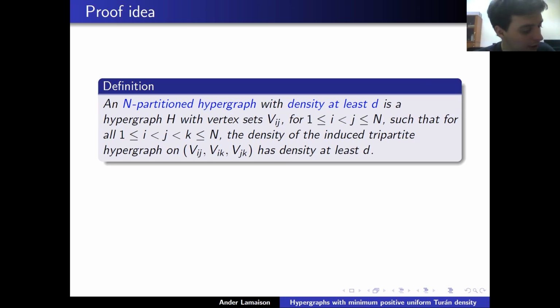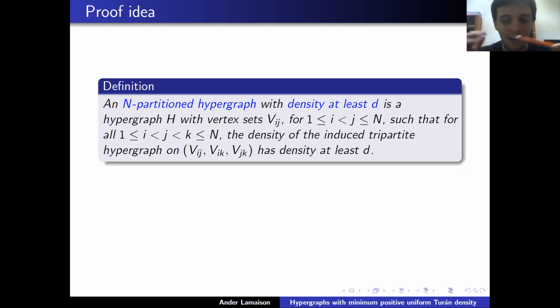So it's a bit complicated. It's not something that I really want to give you, to really introduce everything that goes into the proof, because even though it is not a complicated proof, it takes a bit to set up why whatever I'm going to show you implies the result about three uniform hypergraphs.